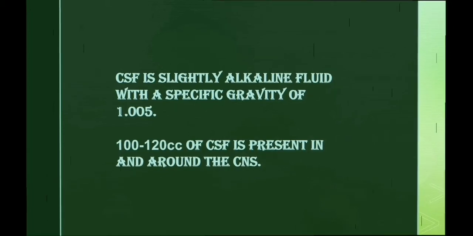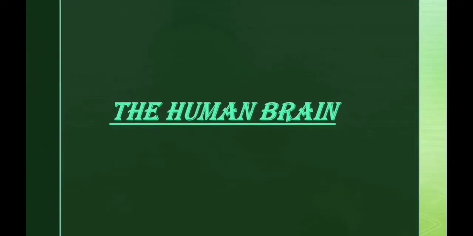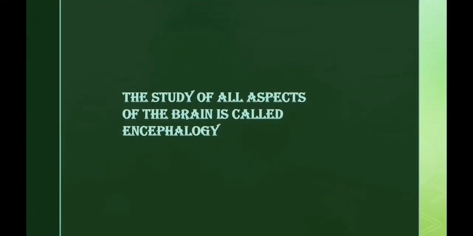Now, talking about the human brain. The study of all aspects of the brain is called encephalology. Encephalon is the term used for brain. Encephalology: encephalon, brain; logy, study. So the study of the brain or all aspects of the brain is called encephalology.